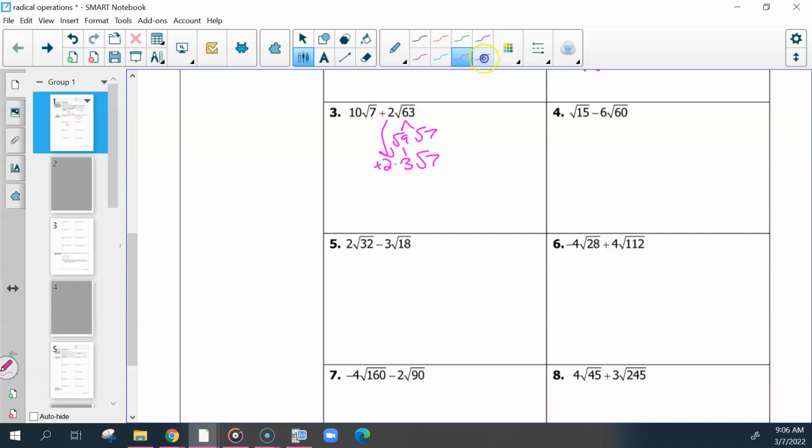And I'm going to bring down the first one. So we can multiply 2 and 3 to get 6. Now can we add them together? Yes. So what would our final answer be? 16 times the square root of 7.